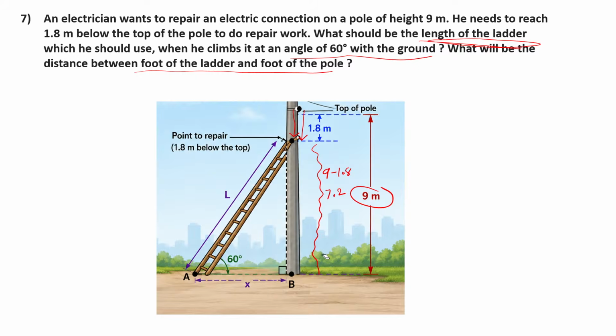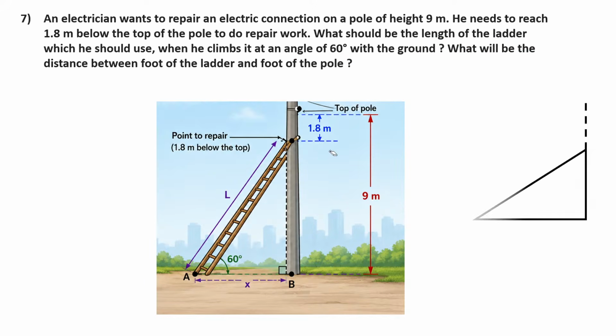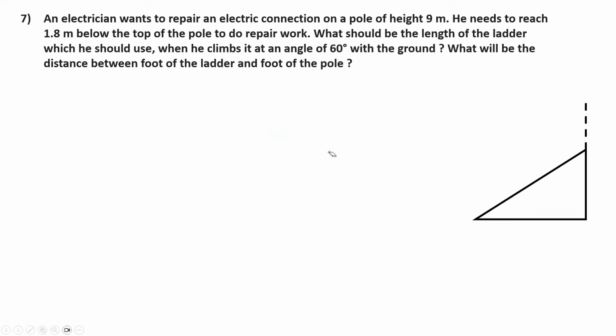Using this diagram, we have to draw an imaginary right angle triangle with all the given details. So here is the imaginary right angle triangle. Now this is a little bit bigger problem because here we need to find two parameters. One is the length of the ladder and the other is the distance.